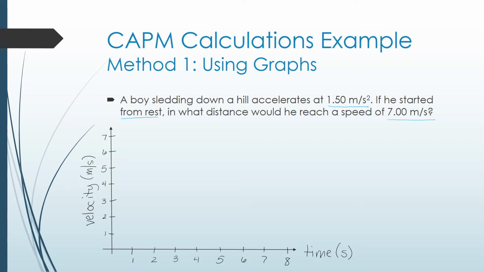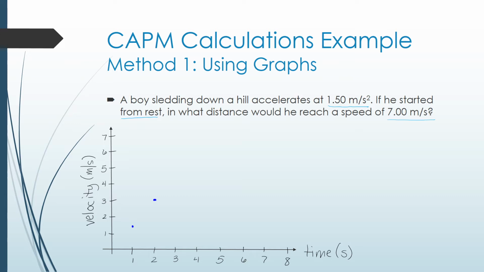So I mentioned already that we're going to use this acceleration to help us figure out what the velocities are. Remember that acceleration is the slope of a velocity versus time graph. So as I mentioned, after 1 second, we'll be traveling 1.5 meters per second. After 2 seconds, it would be traveling 3 meters per second.